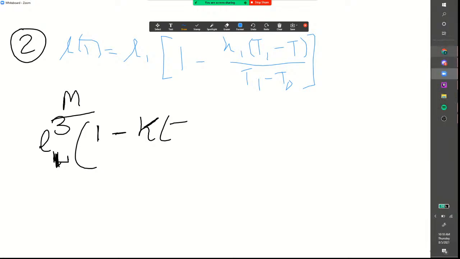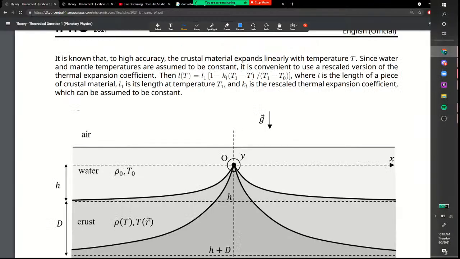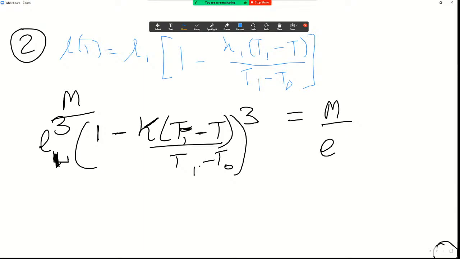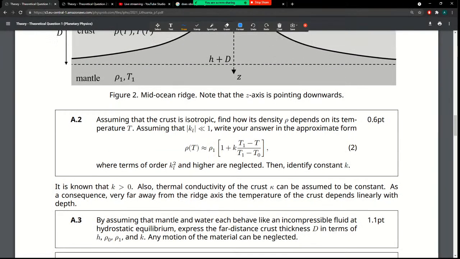I guess it is K. So I guess we can directly do the binomial approximation and we get 3K here and the same term here. And then M over L1 cubed is just rho 1. Okay, that was straightforward.